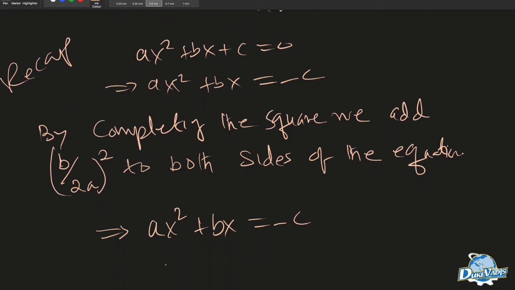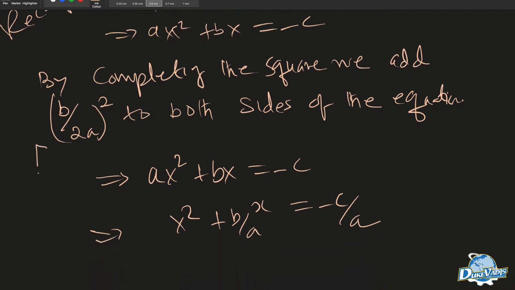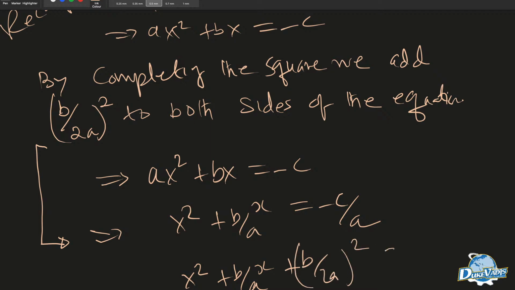We divided both sides of this equation and said x squared plus b over a x equals negative c over a. Then we add this to both sides and say x squared plus b over a x plus b over 2a squared is equal to negative c over a plus b over 2a squared.